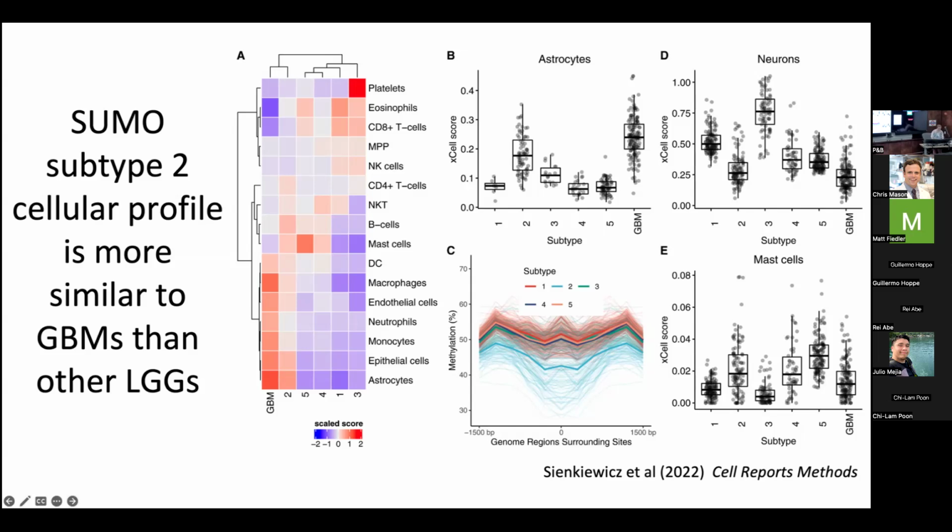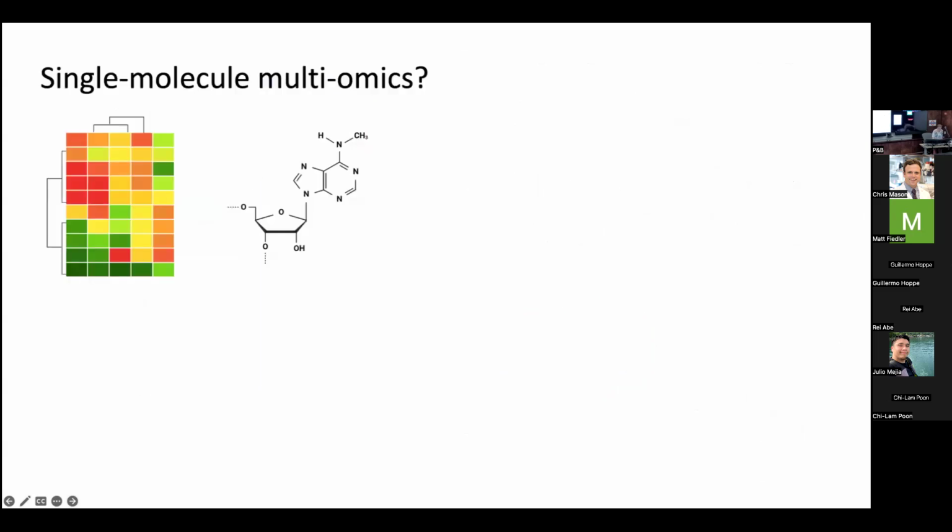So I'm just going to conclude basically. How are we looking at the single molecule multi-omics level? Well, we already talked in depth about how direct RNA and single molecule sequencing is very helpful in this. There's not that much in terms of multi-omic integration of single molecule sequencing yet.